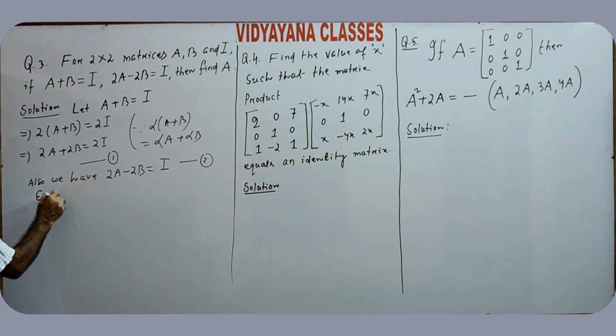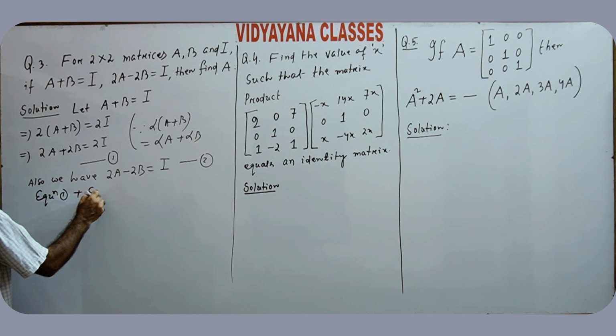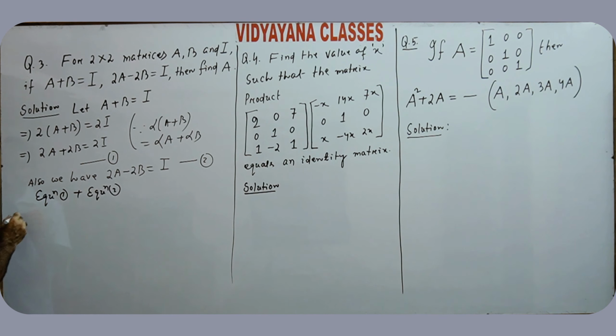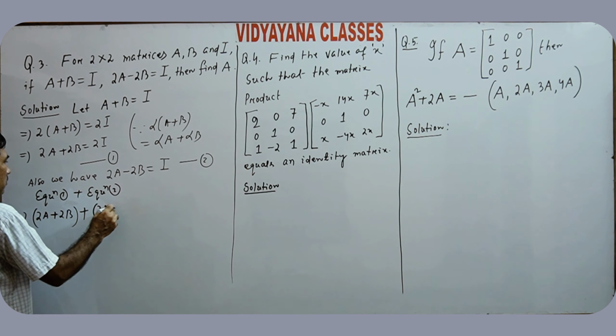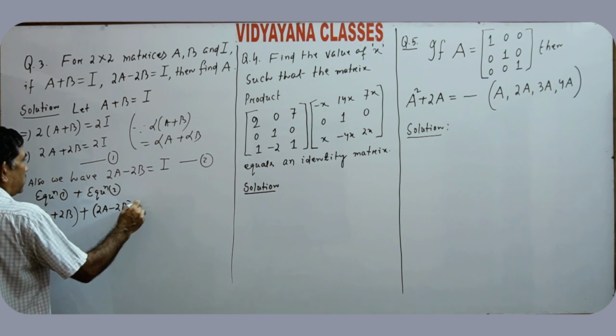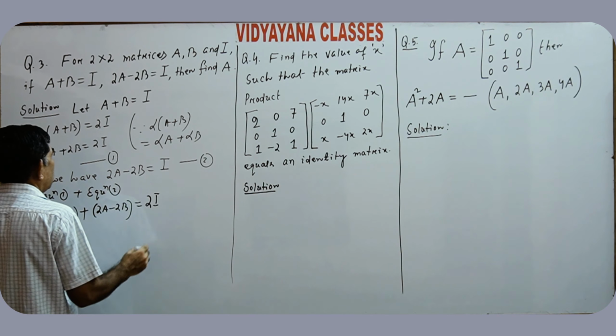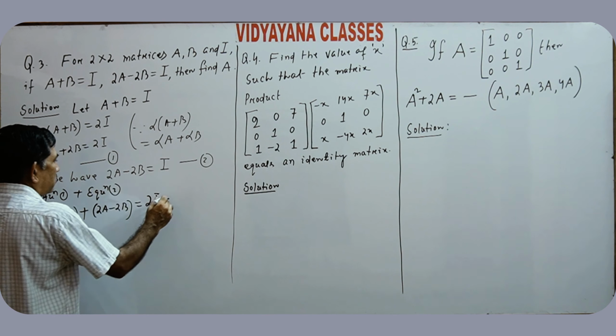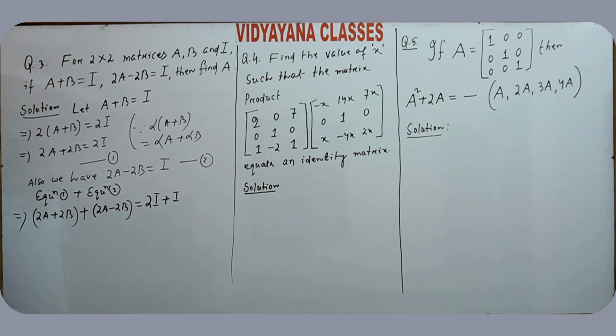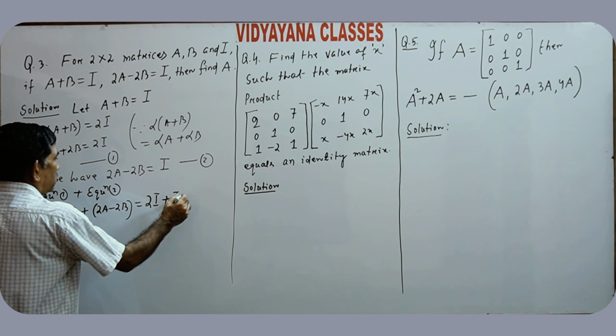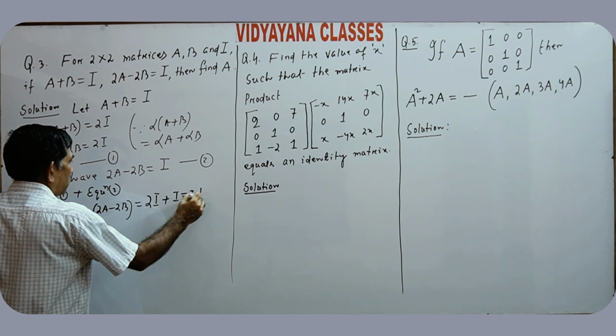Equation 1 plus equation 2 implies 2A plus 2B plus 2A minus 2B, where 2A plus 2B is equal to 2I and 2A minus 2B is equal to I, which gives 3I.